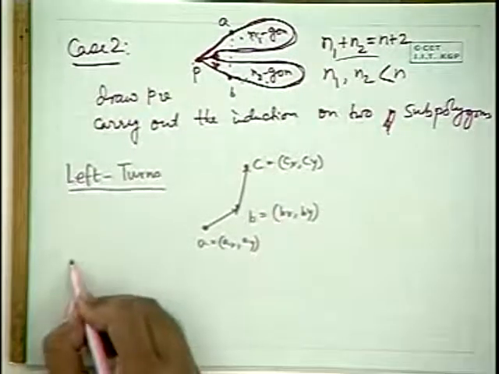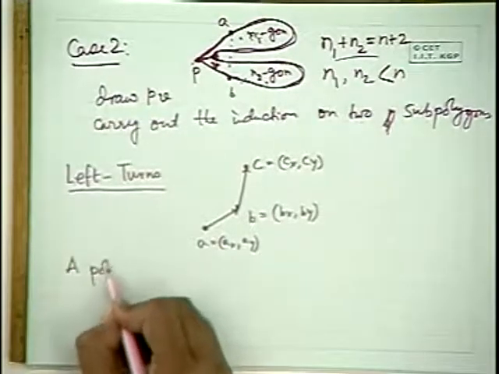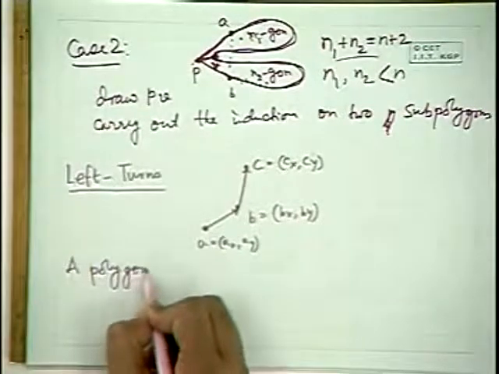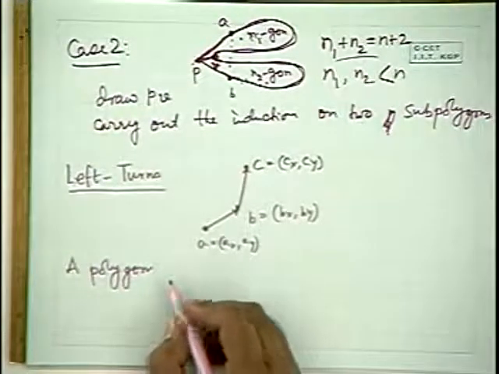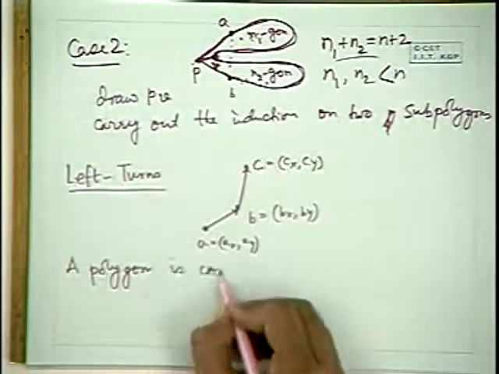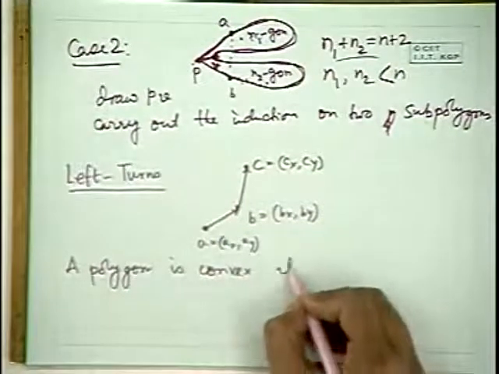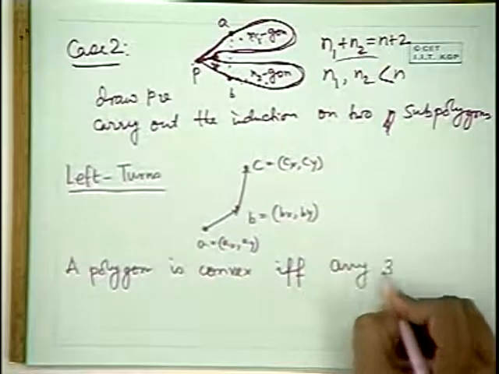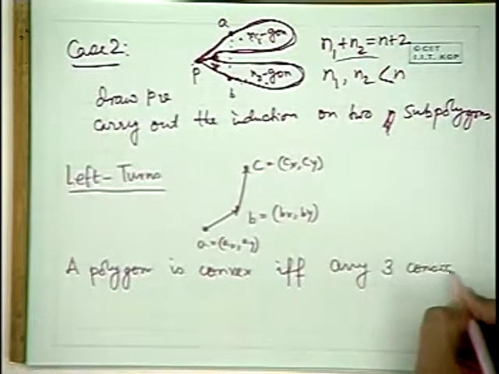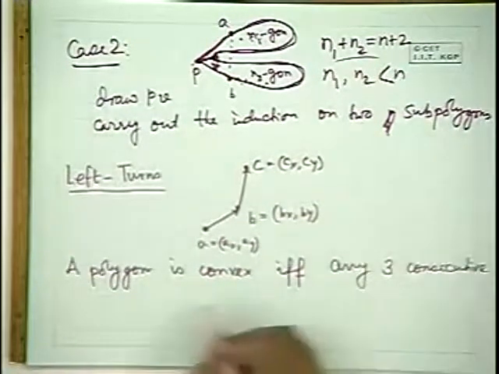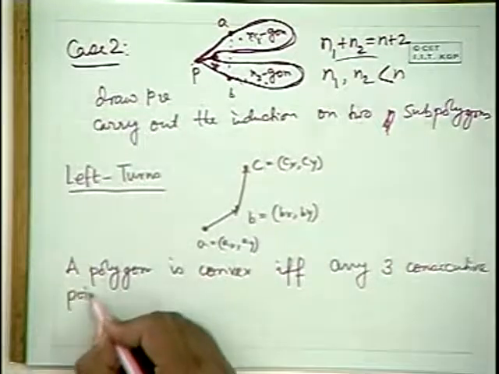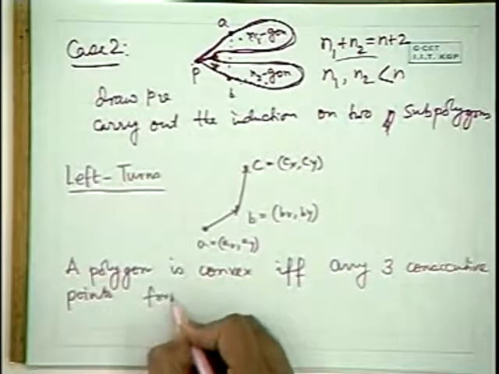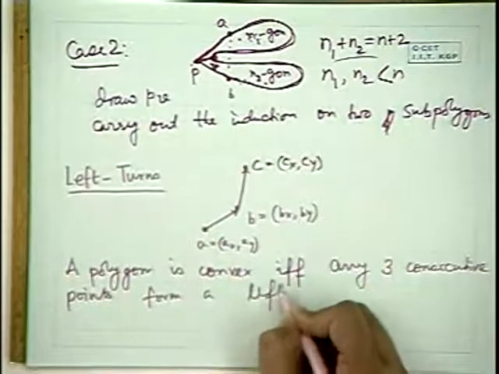So first thing is a polygon. This is just a fact I want to state. A polygon is convex if and only if any 3 consecutive points or vertices form a left turn.